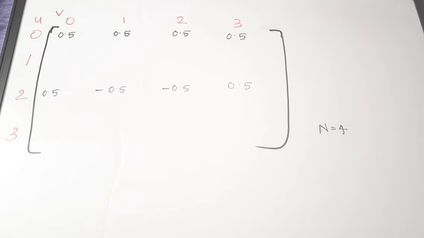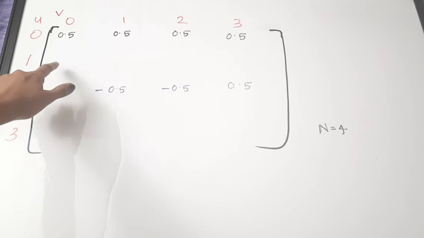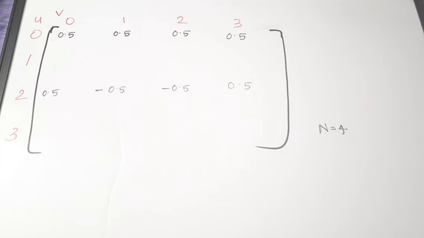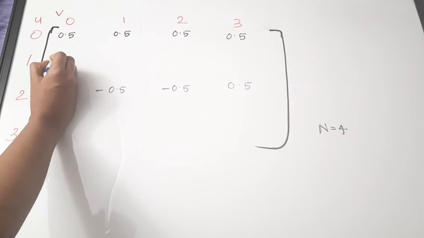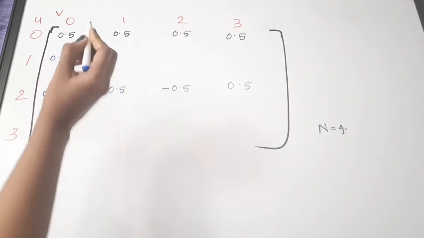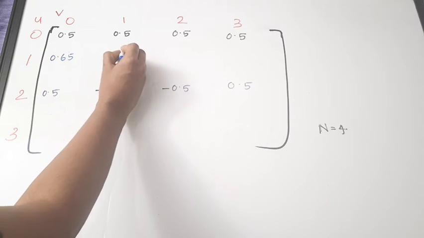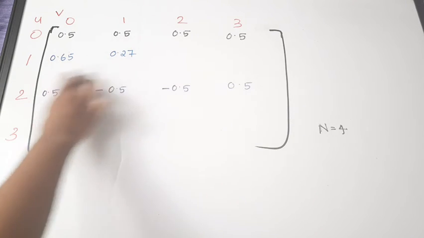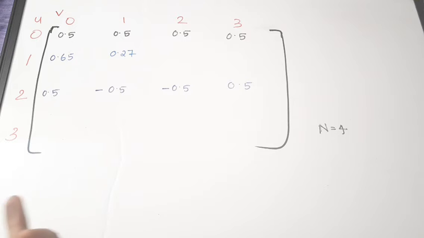Next, let us see row number 1. The row number 1 is having values 0.65 and 0.27. Only these two values you have to study by heart.